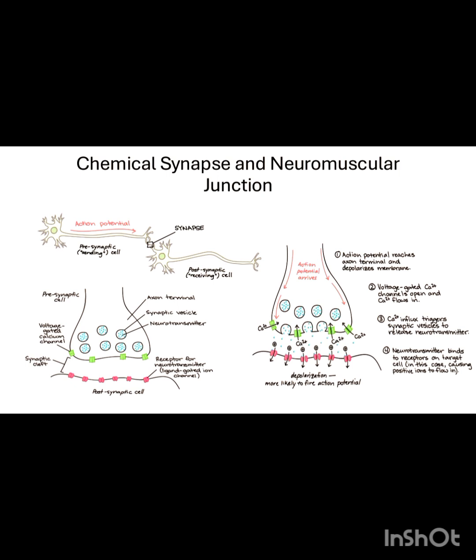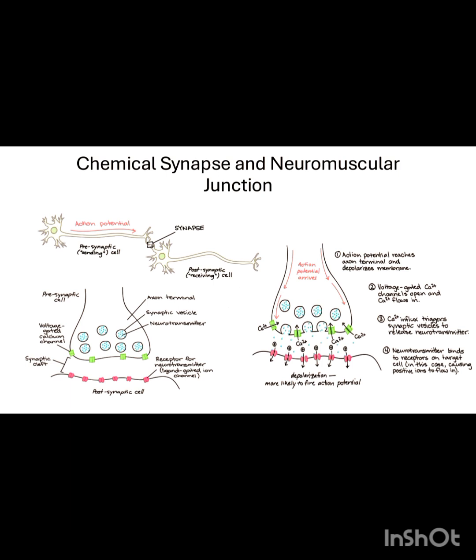Also, see that there is a small gap between the axon terminals of the presynaptic neuron and the membrane of the postsynaptic cell, and we call this gap the synaptic cleft. And the membrane of the postsynaptic cell has receptors for the neurotransmitter.